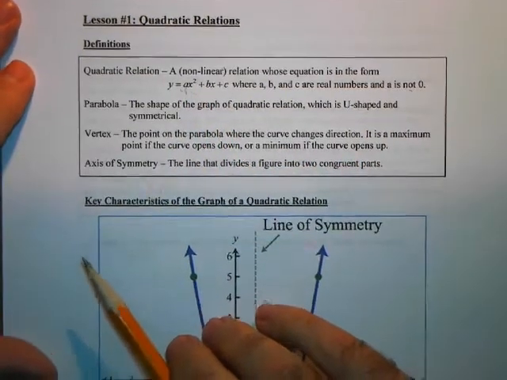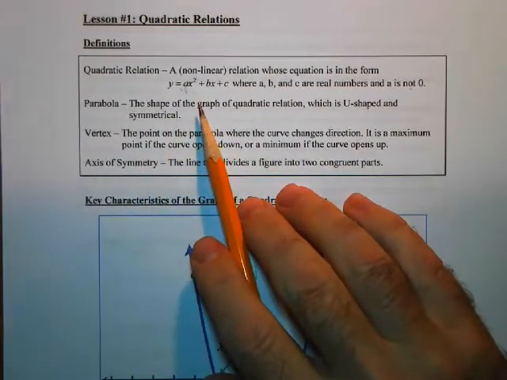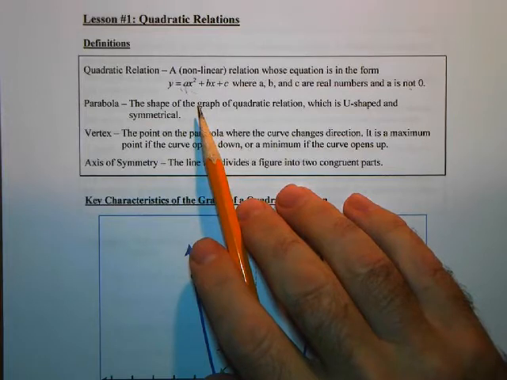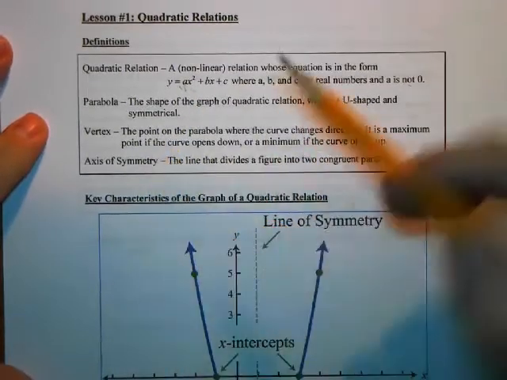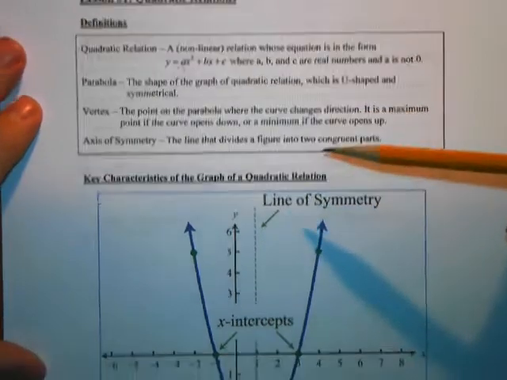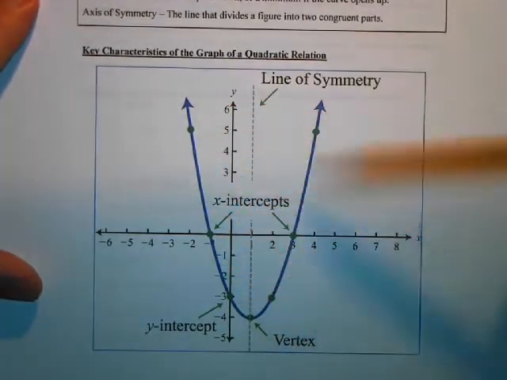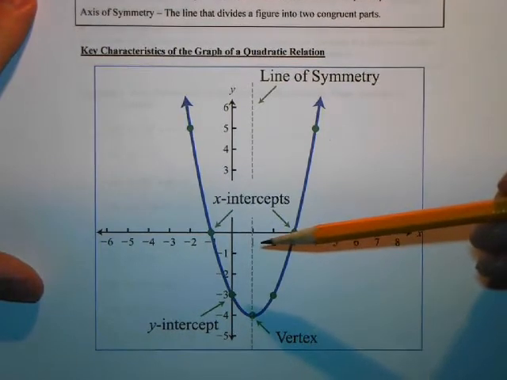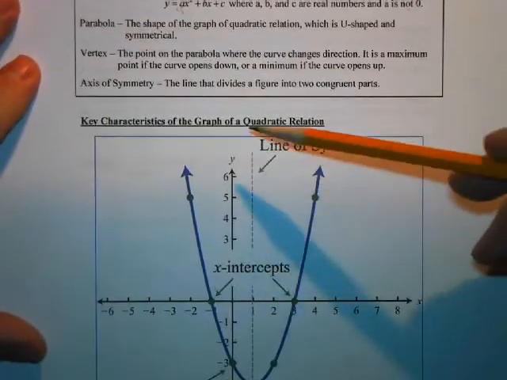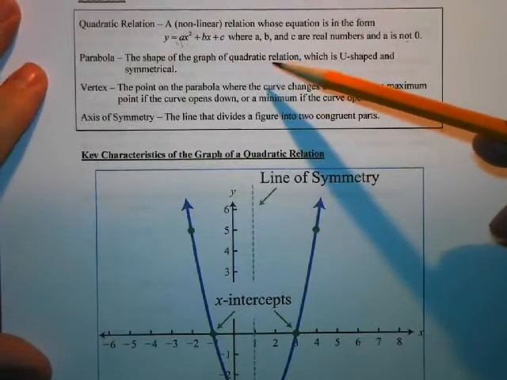We'll be looking at a lot of these equations in the next several lessons. Now the graph, so we'll take a little peek here. This is a graph of a typical quadratic relation, and we have a name for this type of shape.